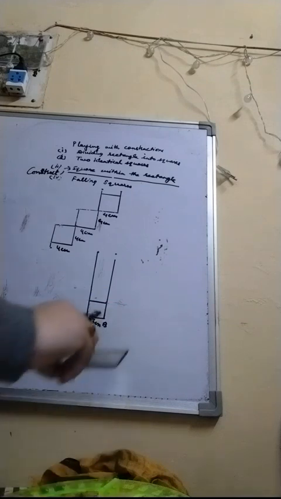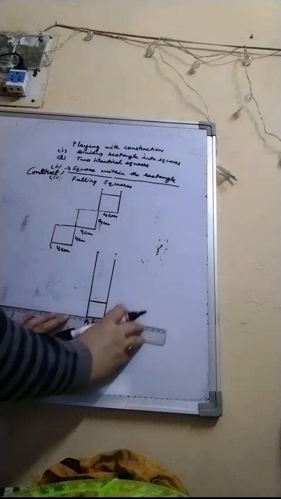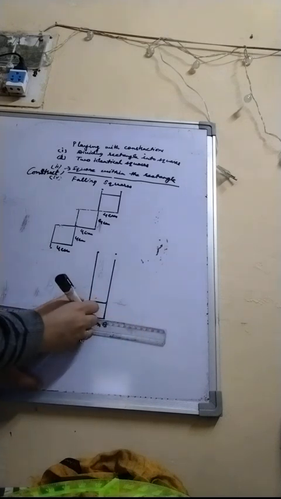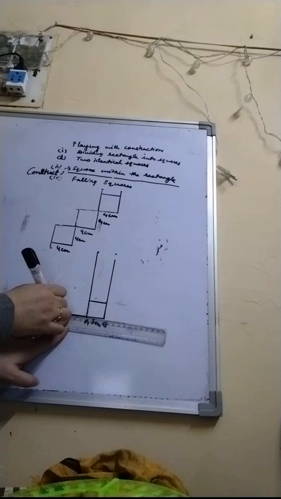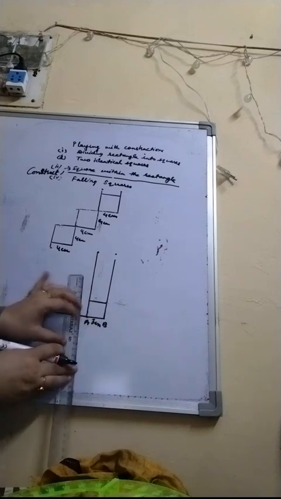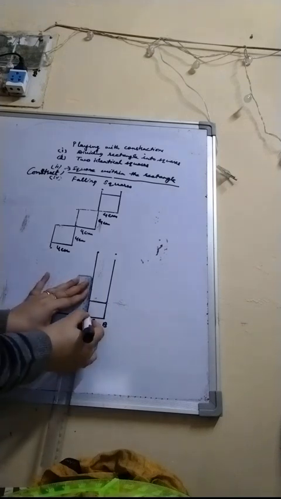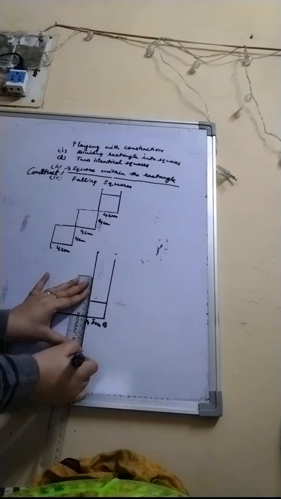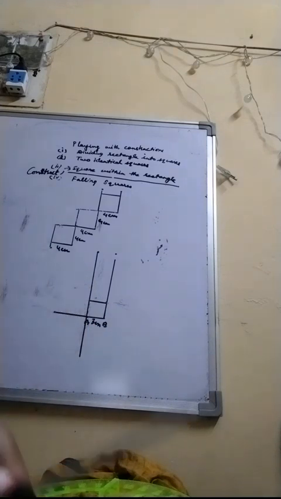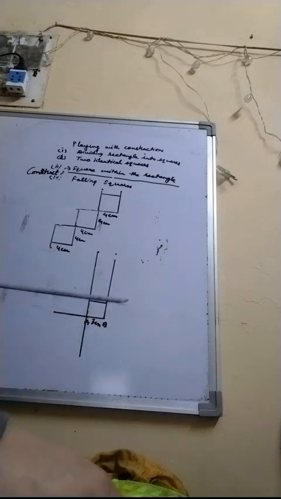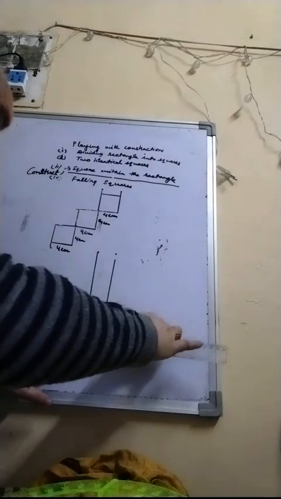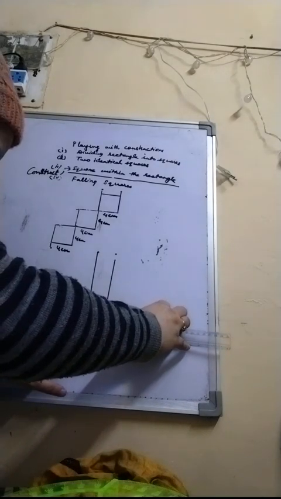Now what is required in this case is a second square of 5 centimeter. So what we are going to do is we extend the lines, a horizontal line and a vertical line like this. Okay, and 5 centimeter we would cut, or you can use the ruler also and mark at the 5 centimeter point.